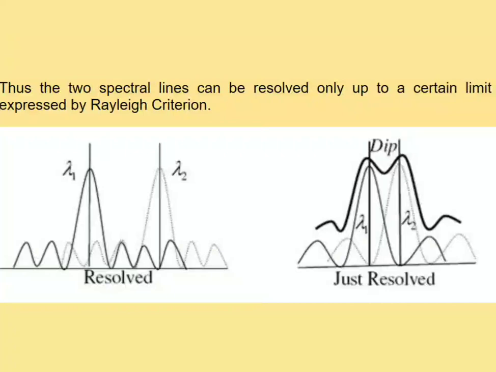So this case is the just resolved case. Whenever the central maxima of both coincide, the outlet of the spectral lines looks like a single spectral line. That means not resolved.